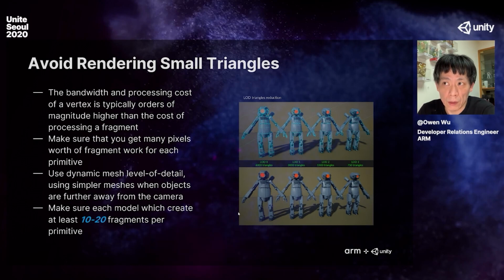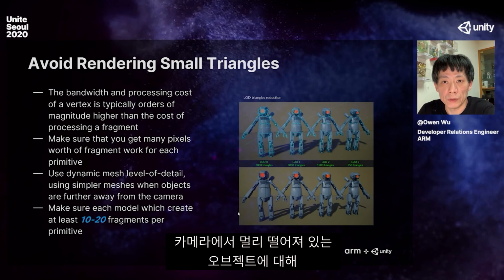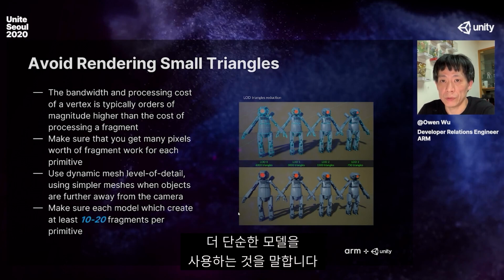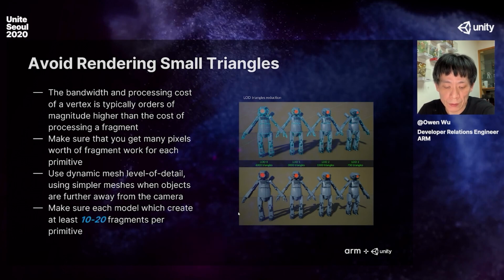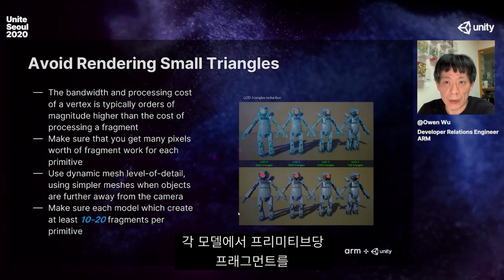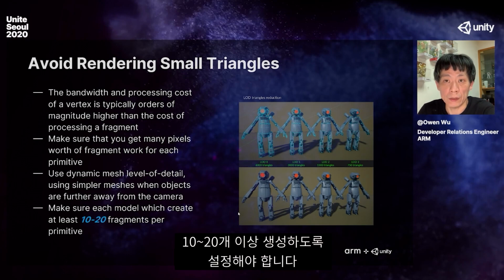Mesh level of detail means you are going to use a simpler model for the objects which are further away from the camera. And the most important thing is you should make each model generate at least 10 to 20 fragments per primitive.